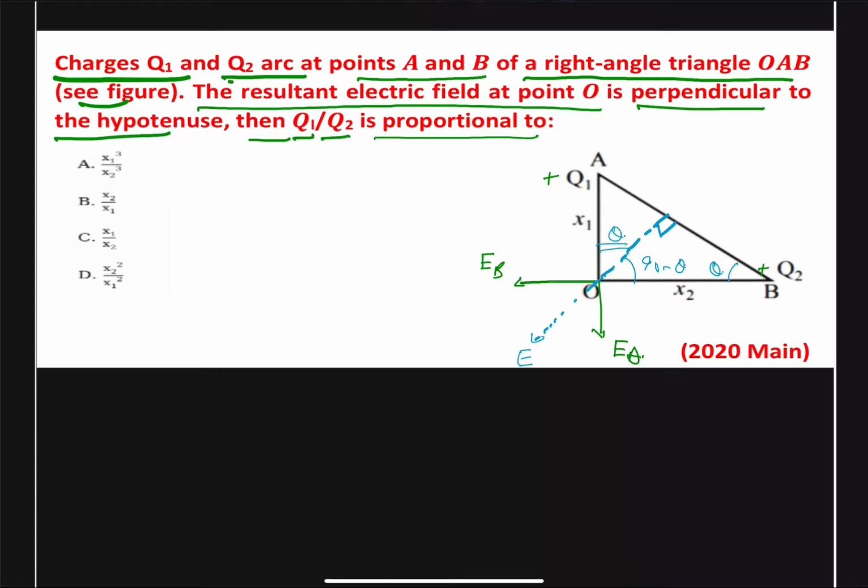So if we complete this parallelogram, from here we can say our tangent of theta will be equal to the perpendicular over base, that is our EB upon EA, and we can find out our EB and EA.